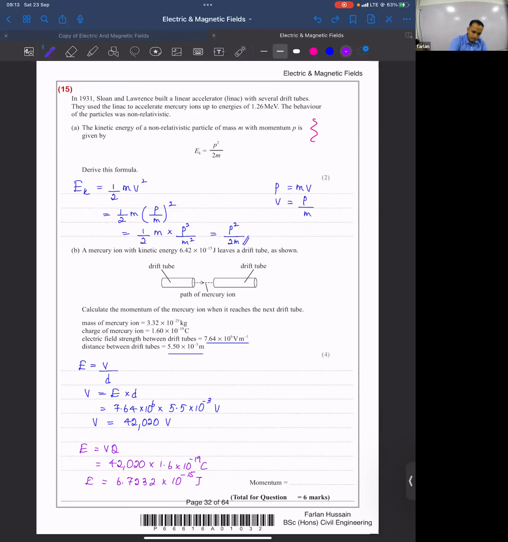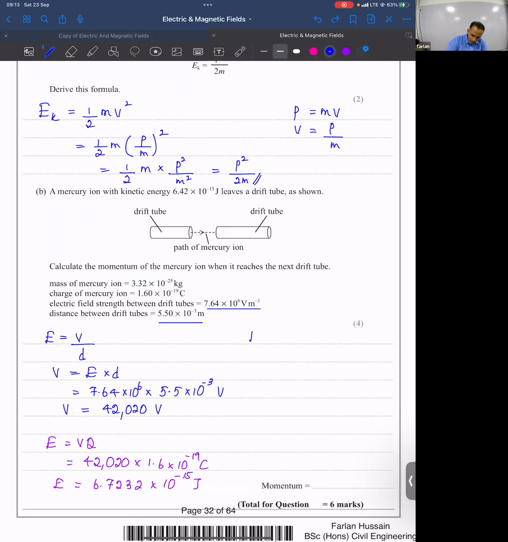So when it is reaching the other side, its new total kinetic energy, if I take it to be Ek, will be the initial one, which is 6.42, plus the new one, 6.72 into 10 to the power minus 15.